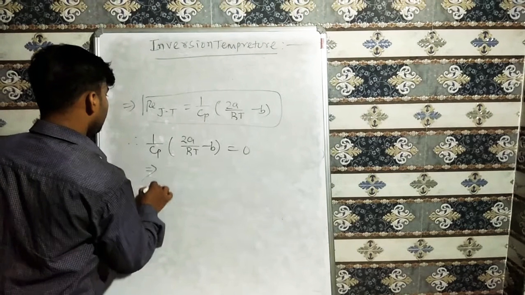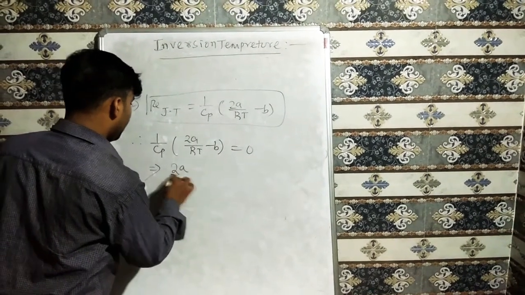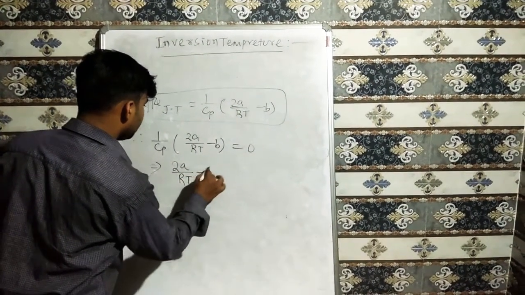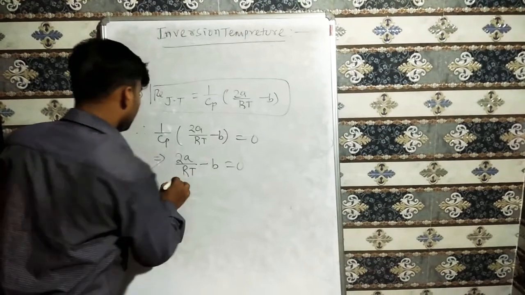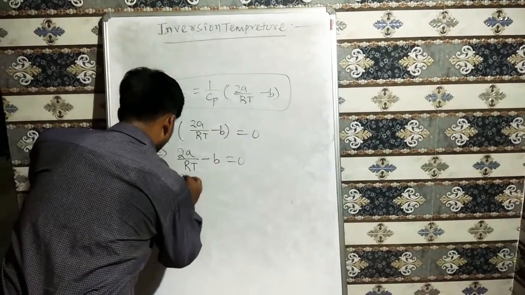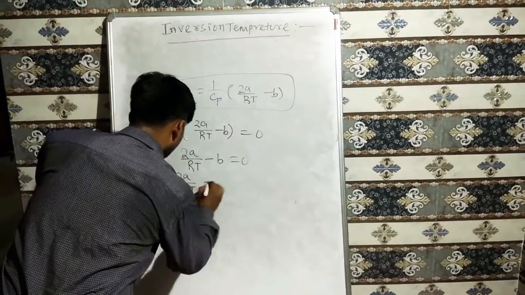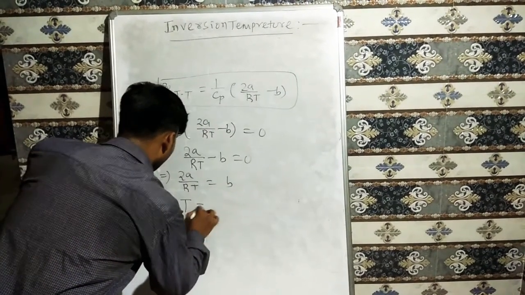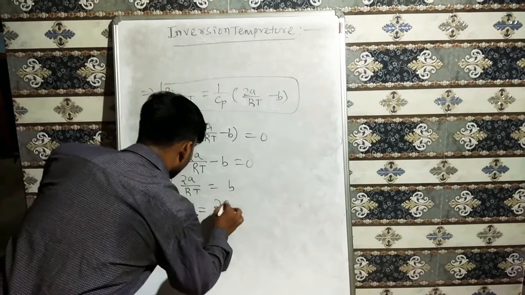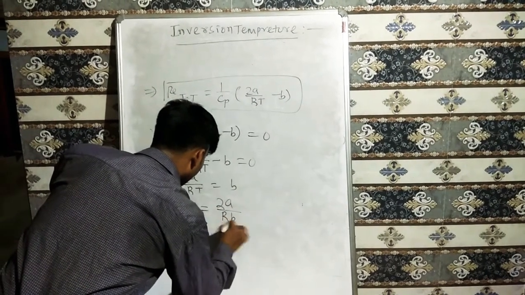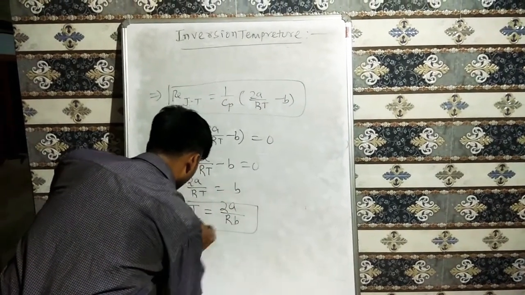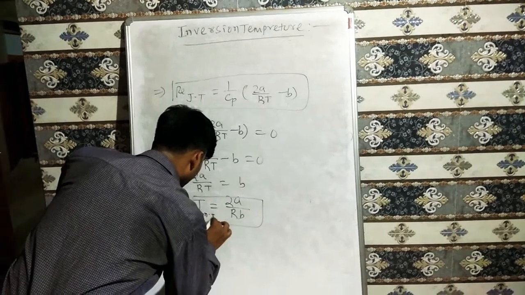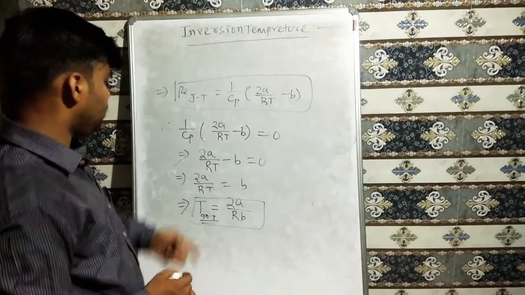That means 2a/RT − b is equal to 0. So 2a/RT is equal to b. That means T is equal to 2a/Rb. This is the inversion temperature.